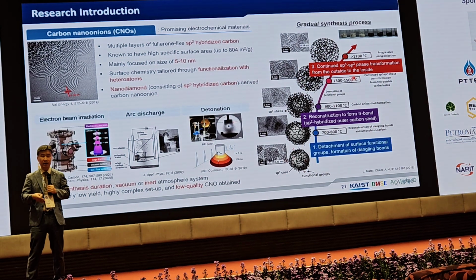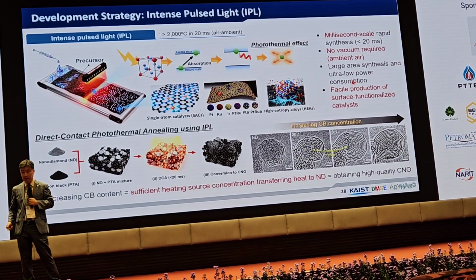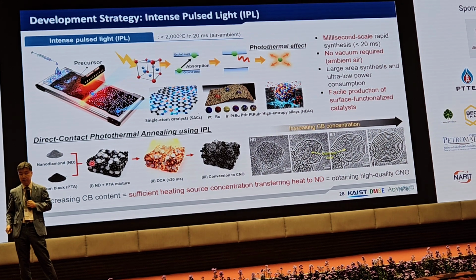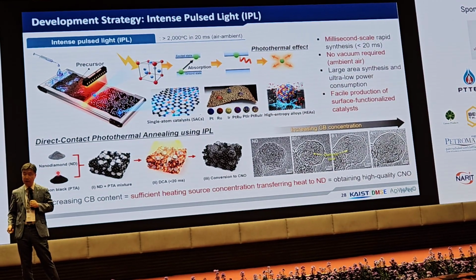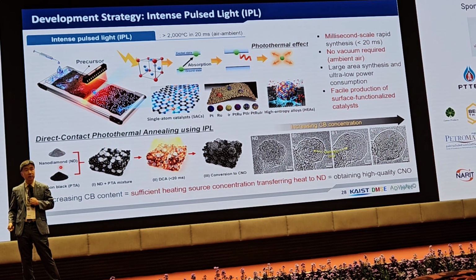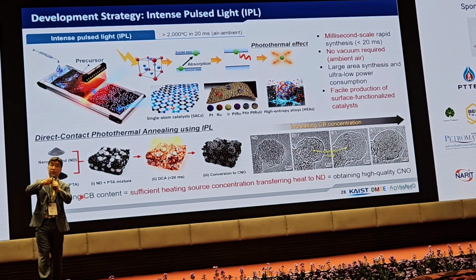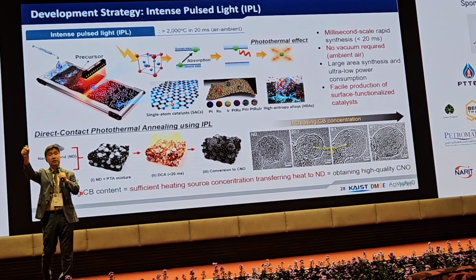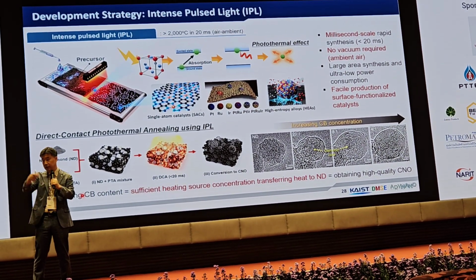That's why we incorporated a high temperature hotspot material, carbon black. We mixed the nanodiamond and carbon black, and the carbon black temperature increased up to almost 3,000 degrees C. Then they transfer thermal energy from the carbon black to the nanodiamond.